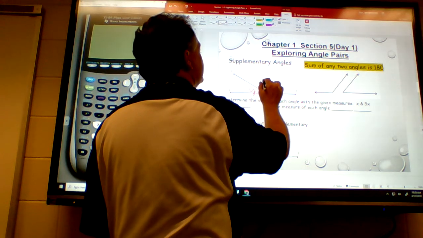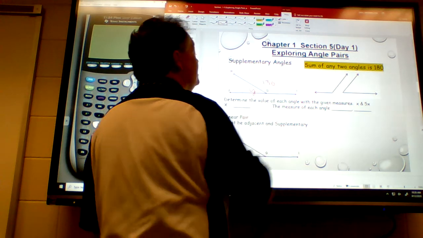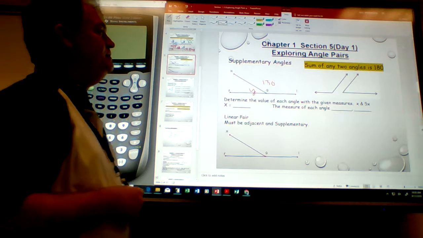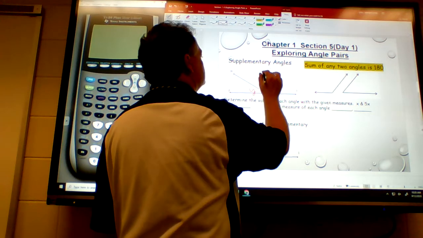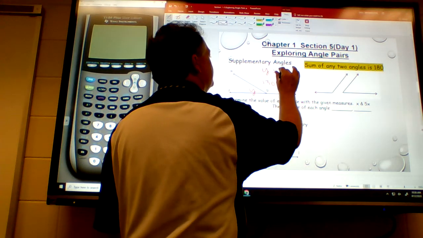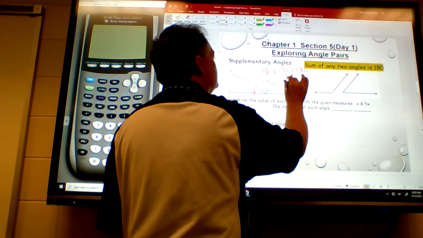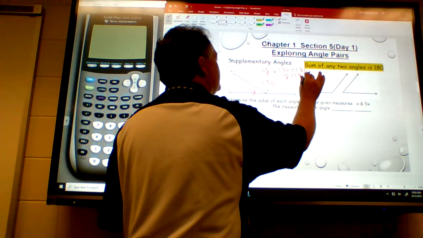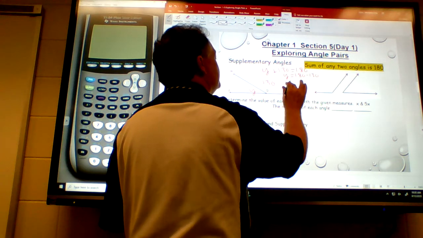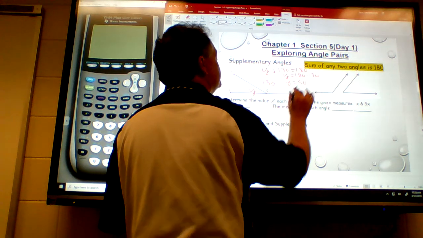And let's say that this angle is 130 degrees. Well, what's its supplement? Here's what we do. Y plus 130 equals 180. So y equals 180 minus 130. So therefore y equals 50 degrees.